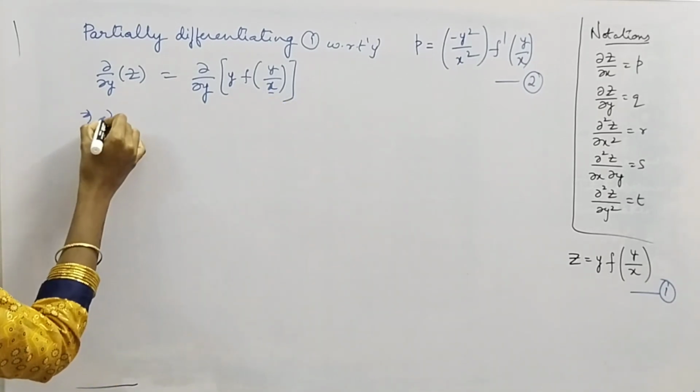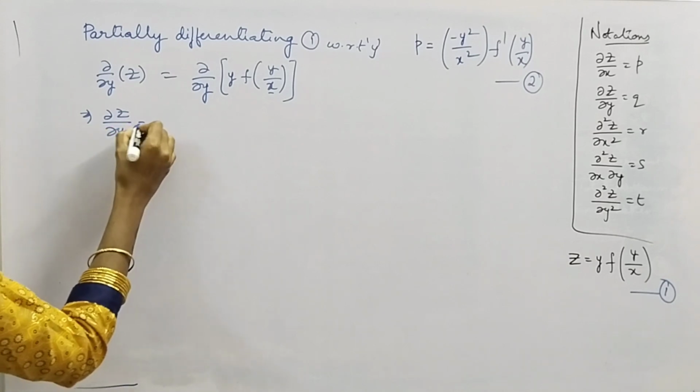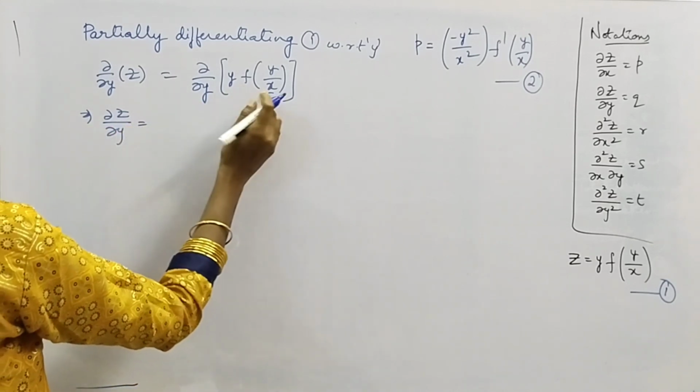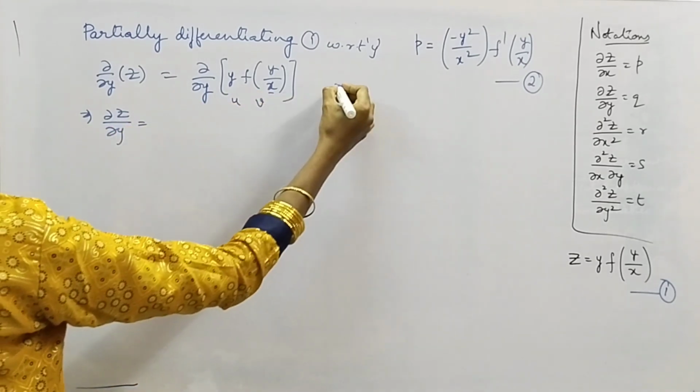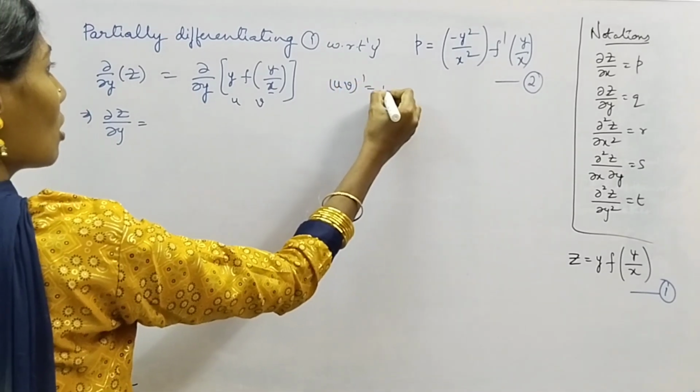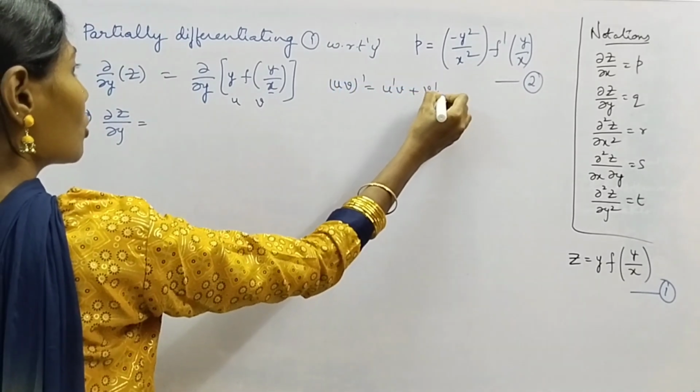Okay, now we'll get dou z by dou y equal to partial derivative of uv. Here we are going to apply uv formula, that is uv whole dash, which is u dash v plus v dash u.